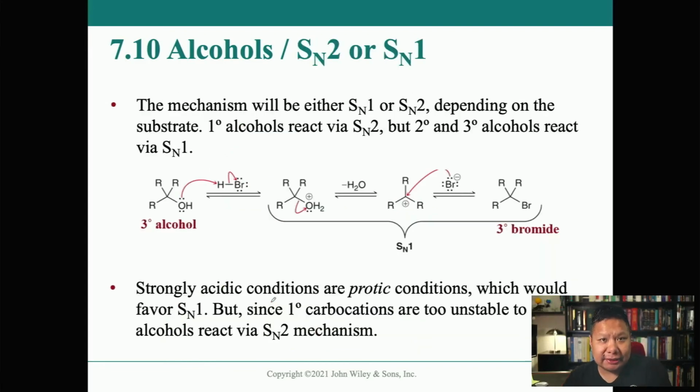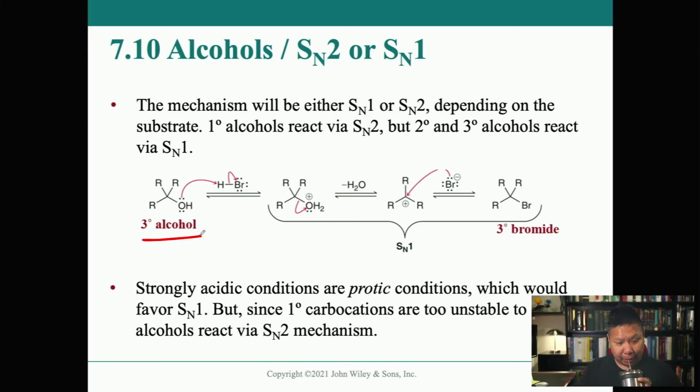So alcohols, SN2 or SN1, right? The mechanism will either be SN1 or SN2 depending on the substrate. Primary alcohols react via SN2, but secondary and tertiary alcohols react via SN1. So here's a tertiary alcohol right here.